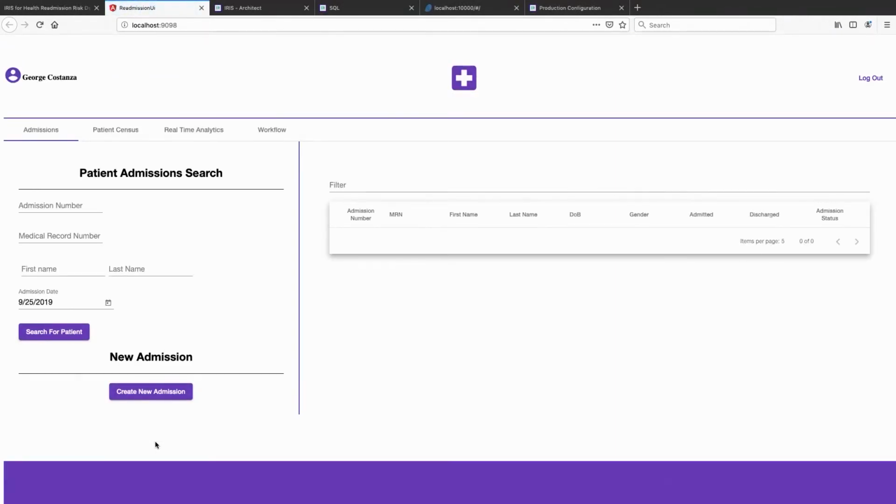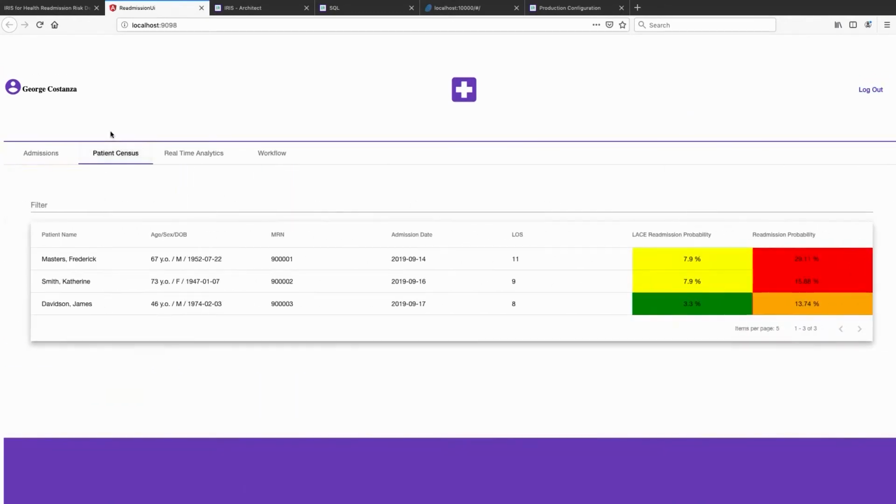So this is a simulation of an EMR, and I can look for patients here. I can look at my patient census, and I can see all the patients that are hospitalized. For every patient, I can see the LACE risk.